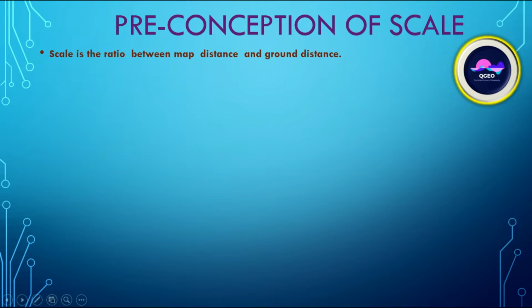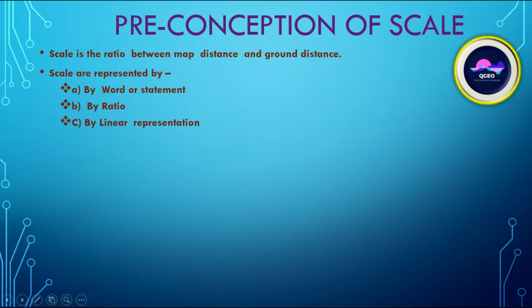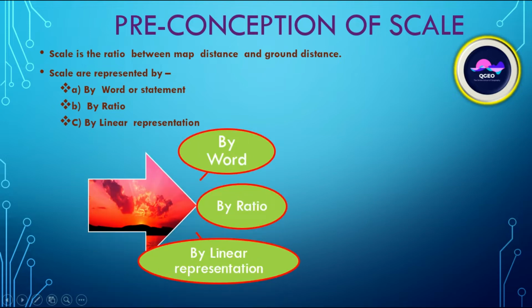Scale is represented in three ways: by word or statement, by ratio, or by linear representation. Now, here is by word: 1 centimeter to 500 meter.